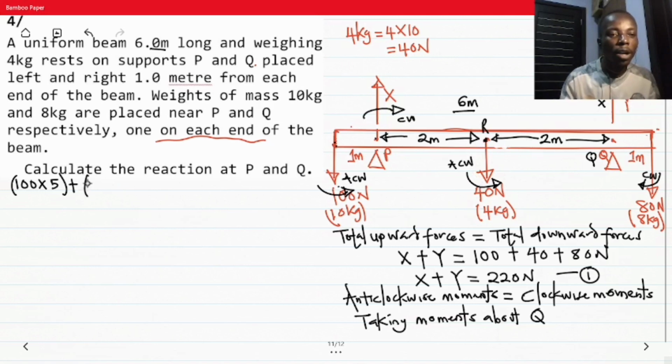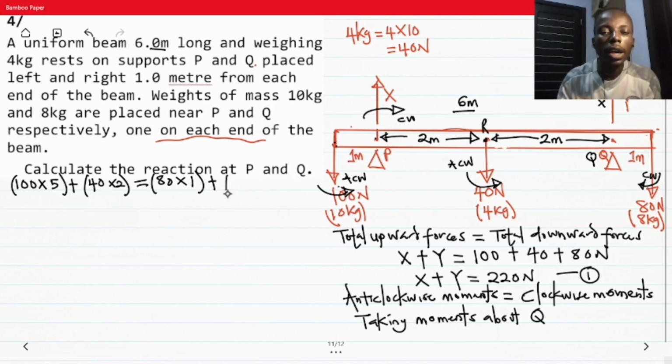So I have 40 times 2, I close it, equals to the clockwise now: I have 80, and the distance is 1 to Q. That's 80 times 1 plus X times 2 plus 2, that's 4 to Q.